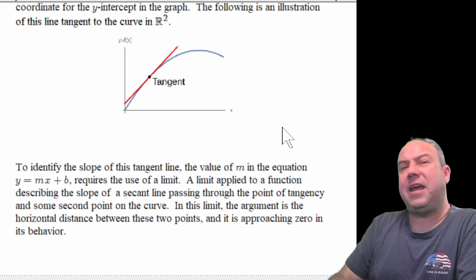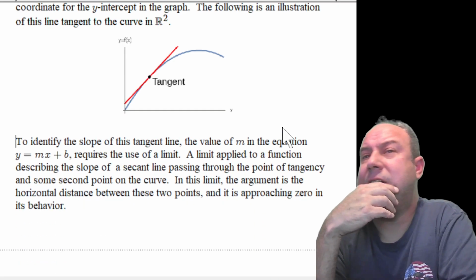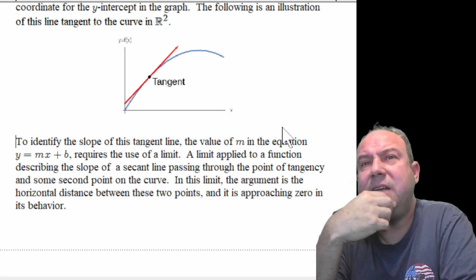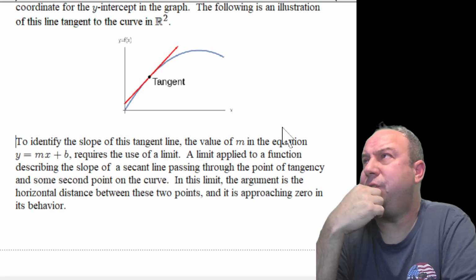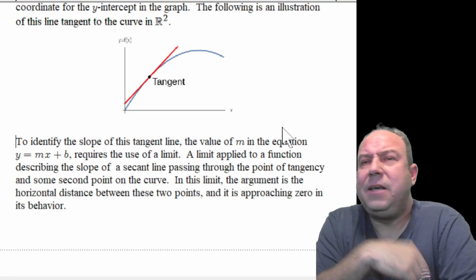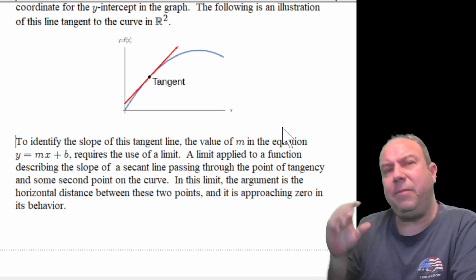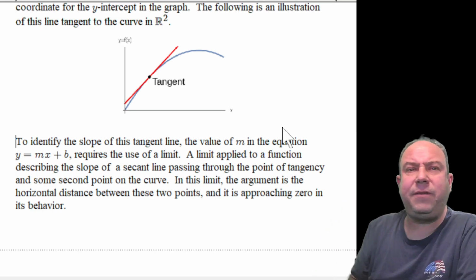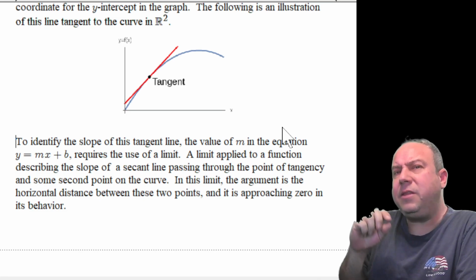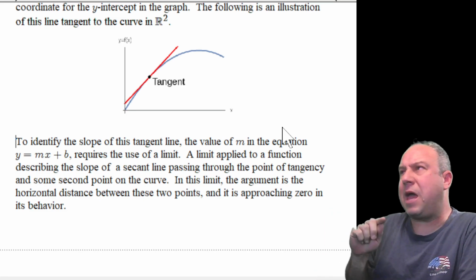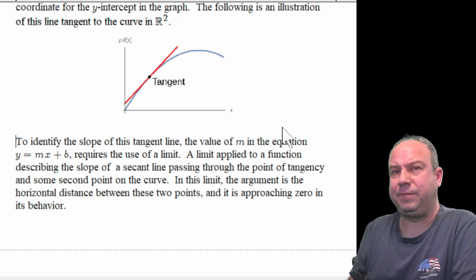Well, to identify the slope of this tangent line, what we have to identify is the value of m in this equation. And the way we do that is with the use of a limit. All right? A limit applied to a functional behavior describing the slope of the secant line passing through that point of tangency.